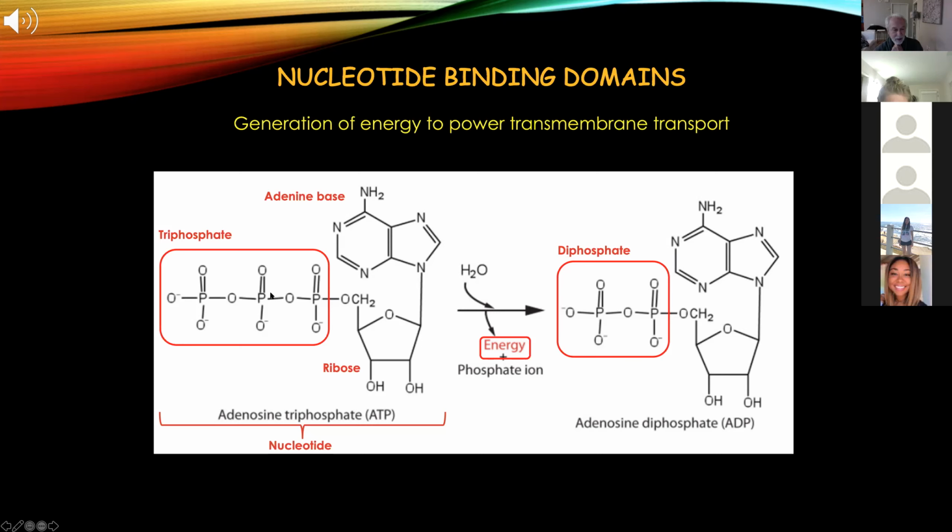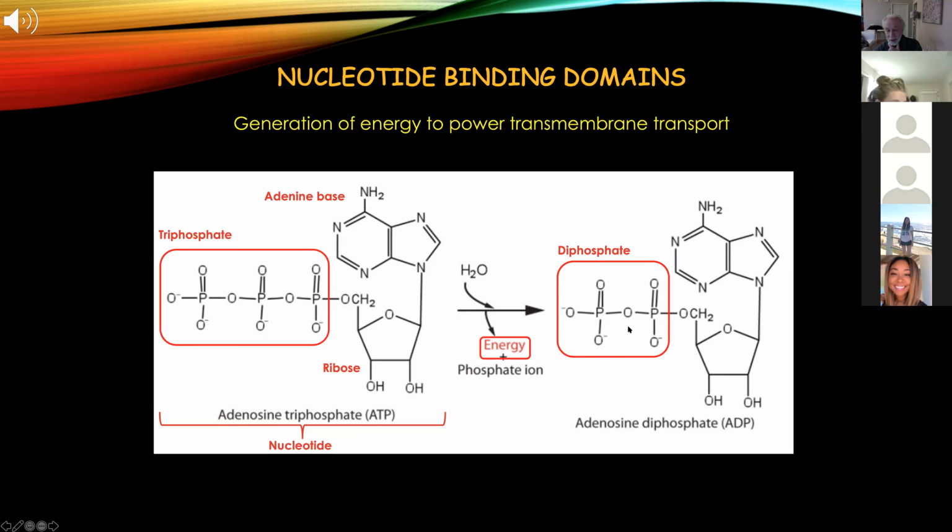How do they do that? Well, this last bond in the triphosphate is a high energy bond. So when it is hydrolyzed, water goes in, a phosphate ion comes out, and so does energy.